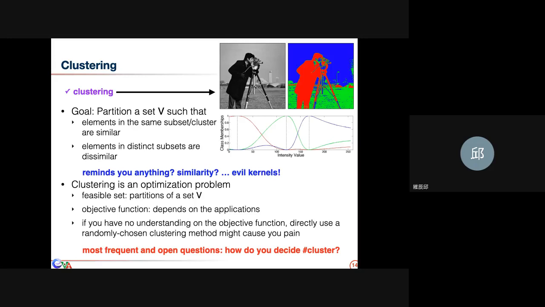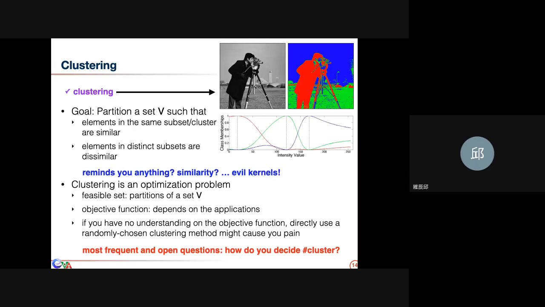And here I just want to provide you such information: one of the most frequent and open questions in the clustering area is how do you decide the number of clusters, right?